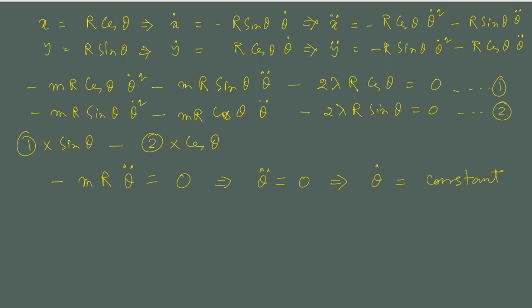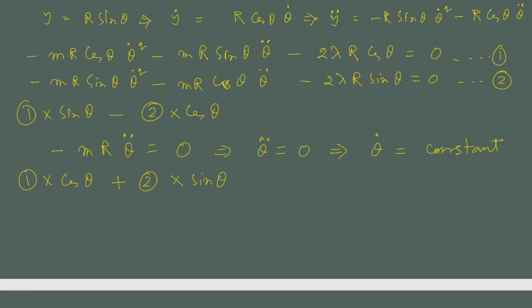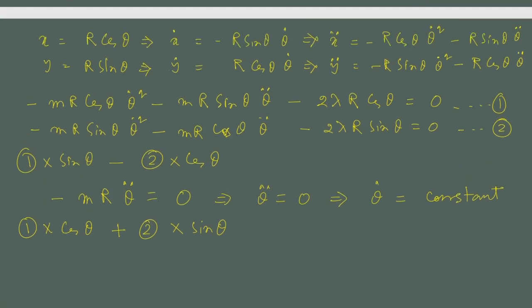And what about the lambda, the constraint force and all? For that we multiply the first equation by cosine theta and then add the second equation after multiplying it by sine theta. And that gives us, I think there was a small mistake in the sign here.